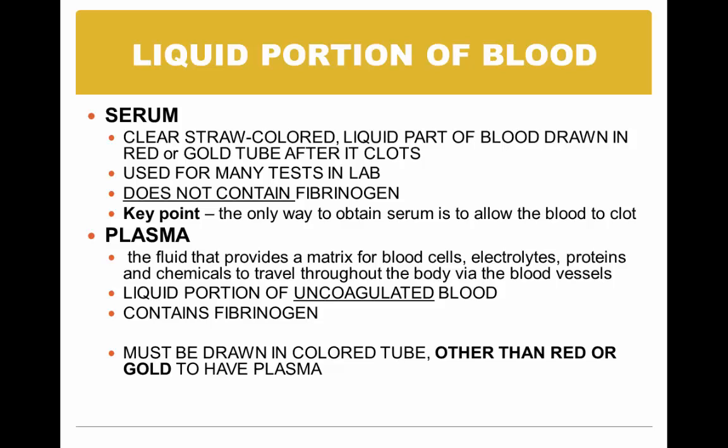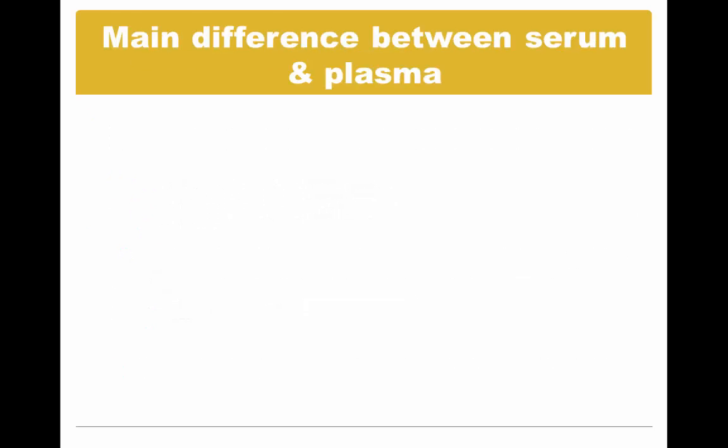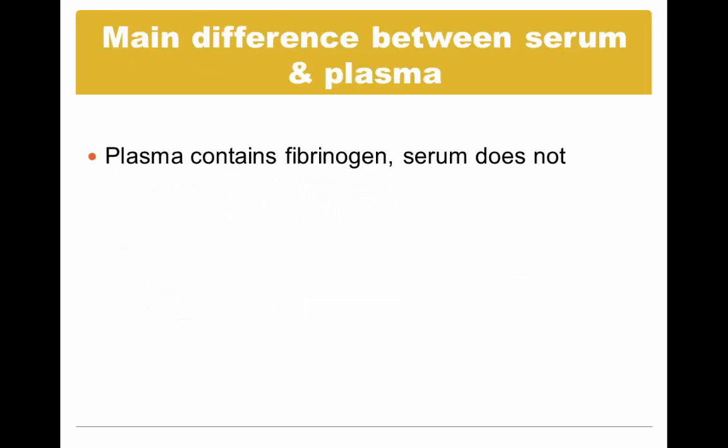See page 840 for a picture of coagulated and uncoagulated blood tubes. Plasma must be drawn in a colored tube other than red or gold. The main difference between serum and plasma: plasma contains fibrinogen and serum does not.